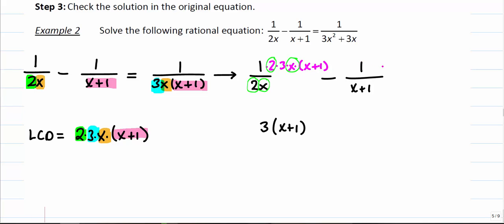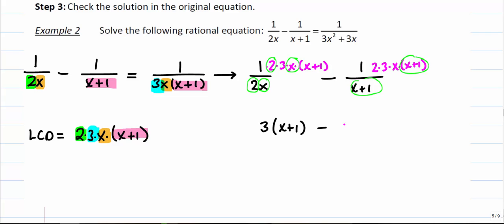So again, when I multiply here, 2 times 3 times x plus 1, it's the x plus 1 that cancels out, right? So this and this are going to cancel out, leaving me with minus 2 times 3 times x.